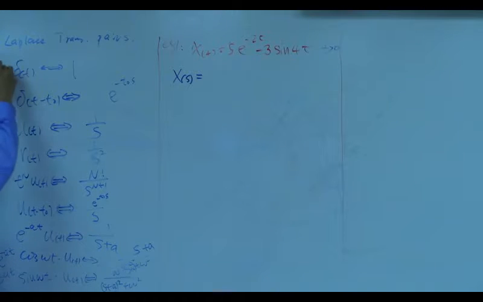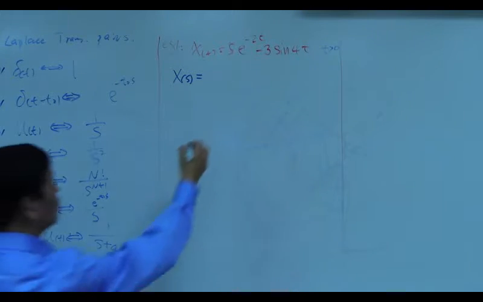Which one? 1, 2, 3, 4, 5, 6, 7, 8, 9. Which one do you want to use? 7. Right? This one. So what is it? 1 over s plus a.